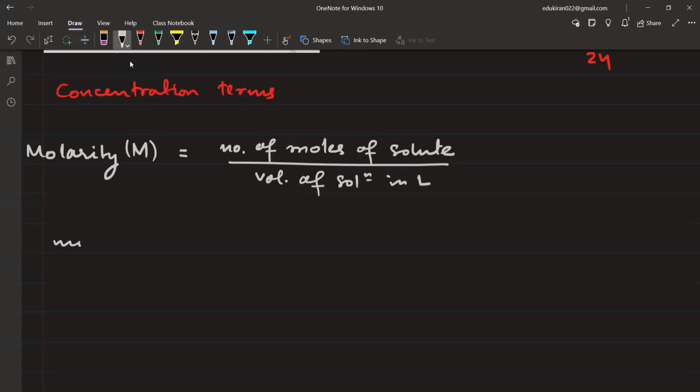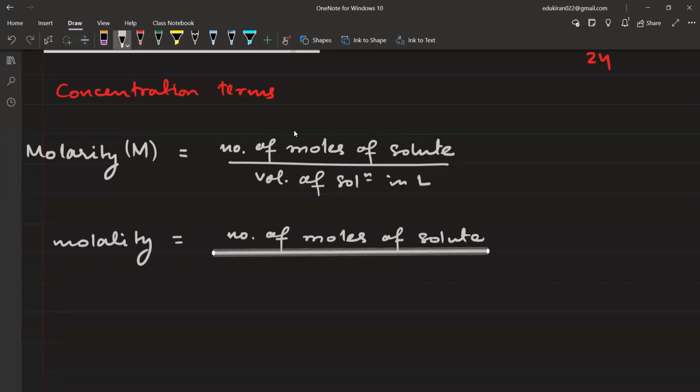Similarly, molality is equal to number of moles of solute divided by mass of solvent in kg.